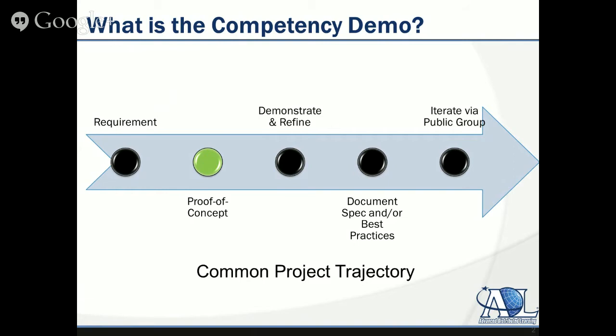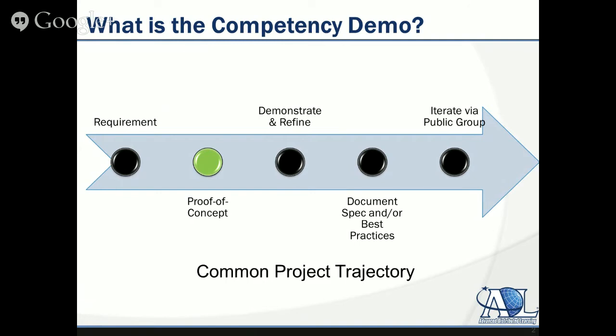Out of those requirements, we come up with some harebrained ideas inside of ADL. We look at existing technologies, we determine if there are gaps, and we do proofs of concept. Often the community never sees these things, because we learn a little piece and just move on, or it doesn't work the way we anticipated, and it goes away.